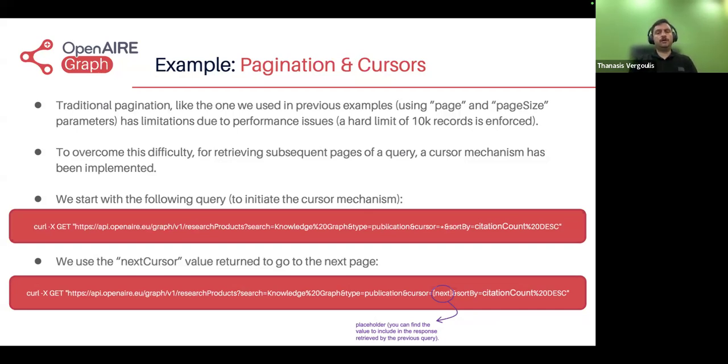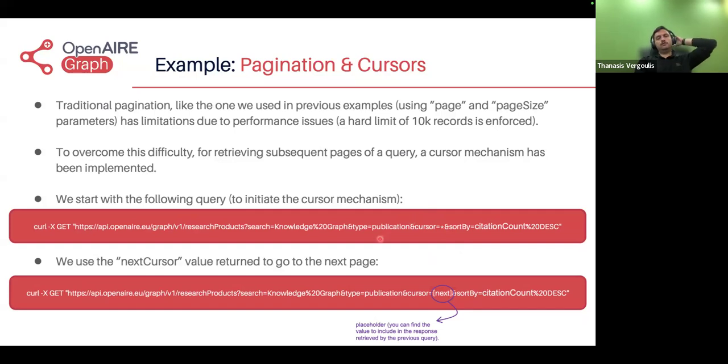Now, how is this used? You can use the cursor field here with the asterisk value, so that you initiate the cursor mechanism. You get the first page with that syntax here, and then inside the results, you also get the next cursor as one of the fields that comes inside the retrieved information.